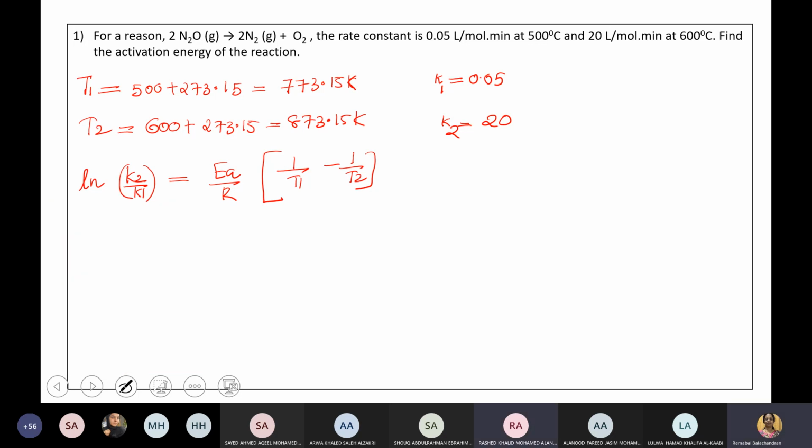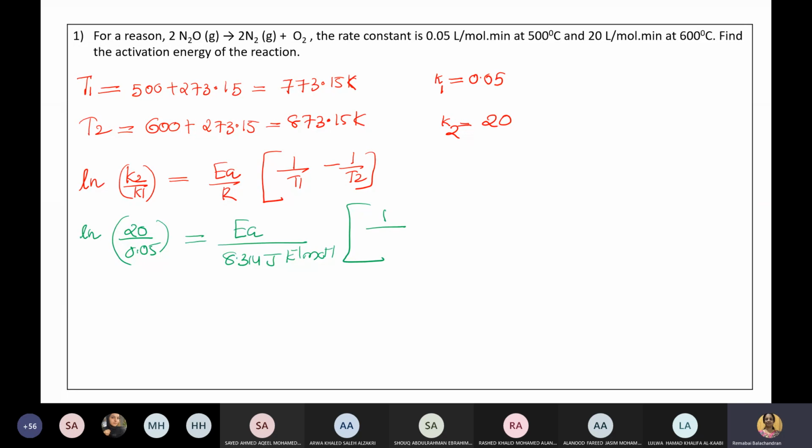So it is ln of 20 over 0.05 equals EA over R, with R as 8.314 joule Kelvin inverse mole inverse, times (1 over 773.15 minus 1 over 873.15).